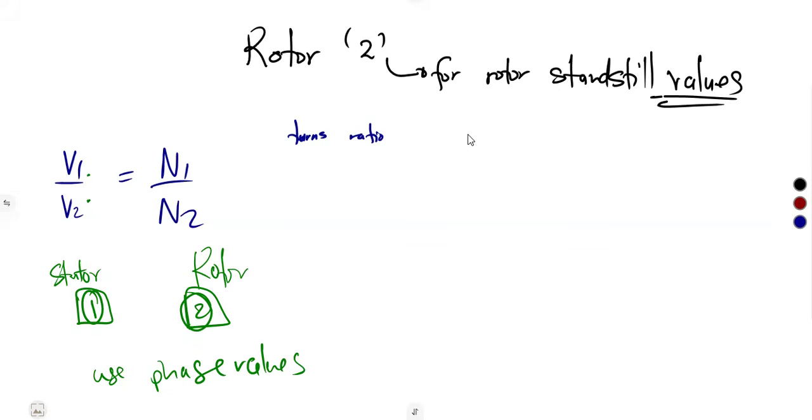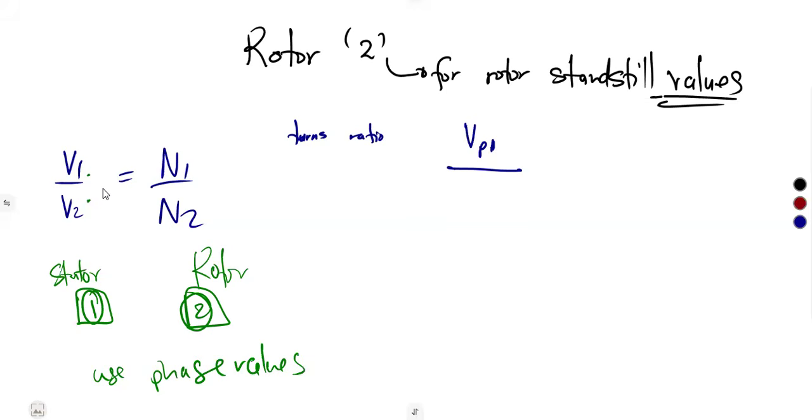So we are going to have this as VP1 for the part of our stator. Over, for the rotor now, because this is where the EMF is being generated, the induced EMF. So we are going to be talking about the induced EMF, not just V2 as a terminal voltage, but the induced EMF, the part of the rotor, guys.